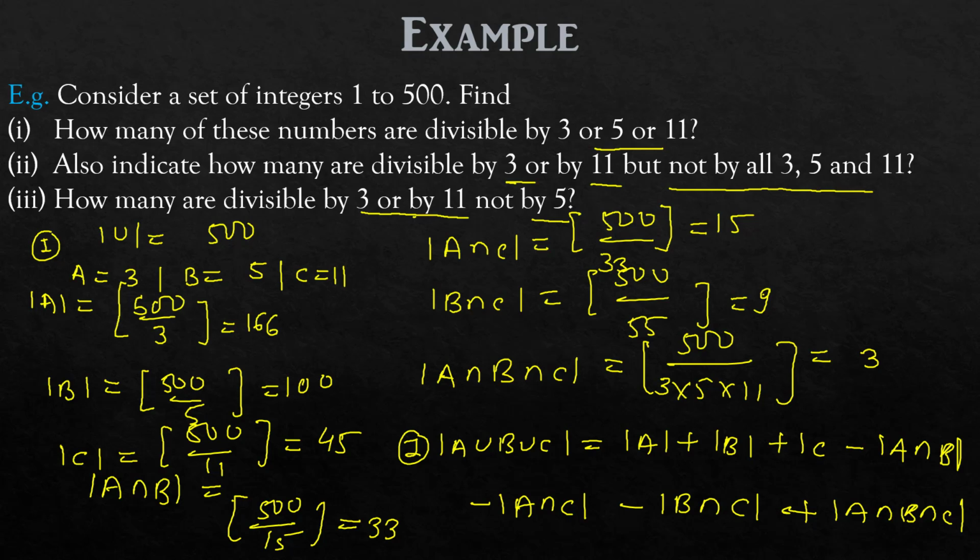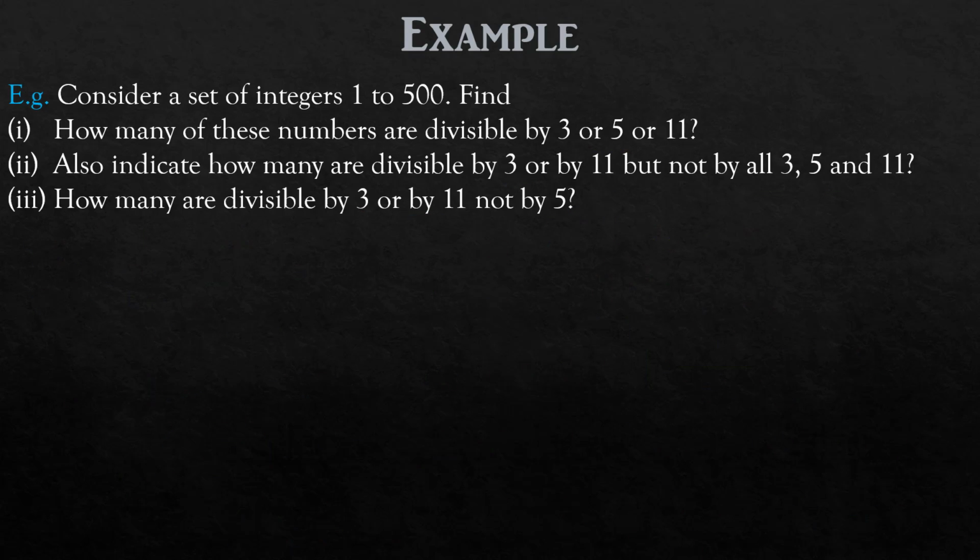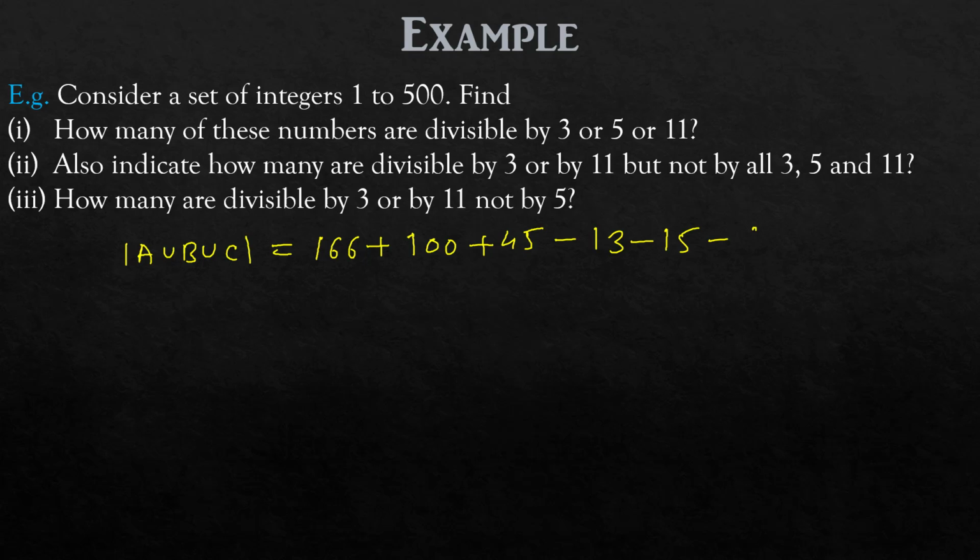Now we have to put all these values in this equation. Consider this one as equation number one. Now put all these values, we get A union B union C is equal to number of A is 166, B is 100, plus C is 45, minus A intersection B 33, minus A intersection C 15, minus B intersection C 9, and intersection between A, B, C 3.